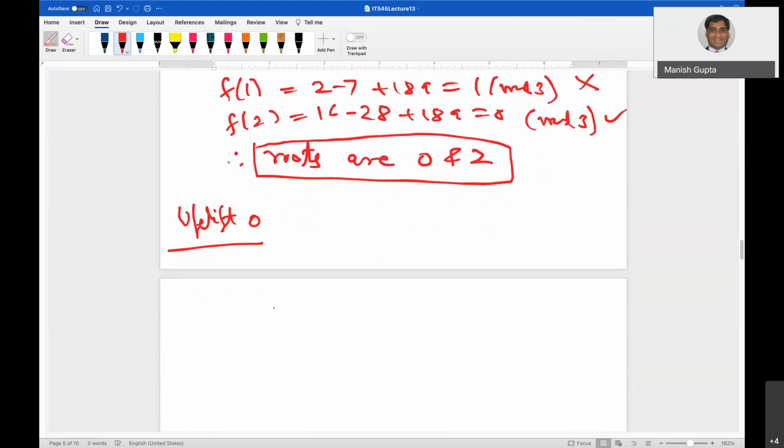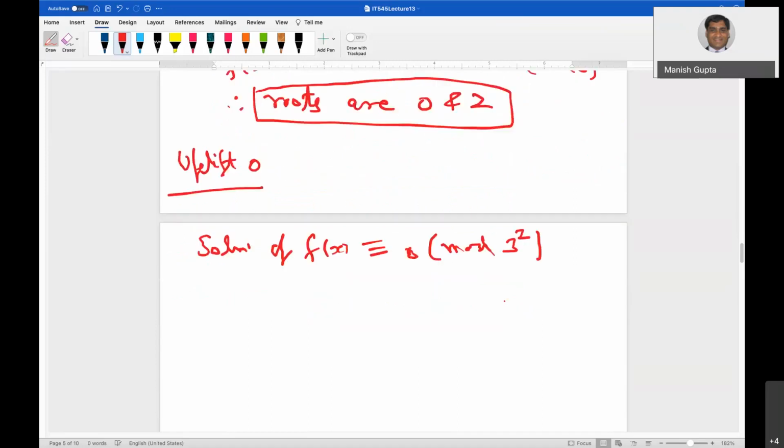So we know that, now I want solution of f(x) congruent to 0 mod 3 square. So first lift x equal to 0 mod 3.